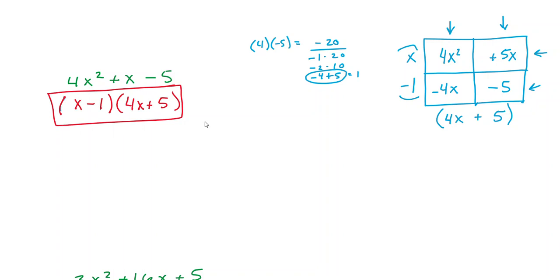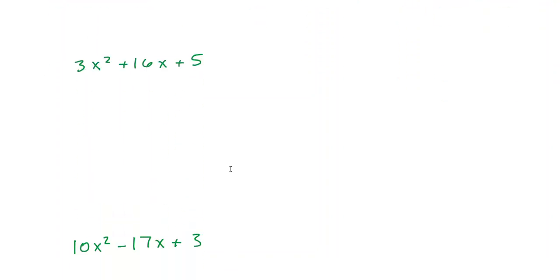All right, let's try it again. The first coefficient is 3. The constant term is 5. 3 times 5 is 15. The factors of positive 15 are 1 and 15, which if we add give us 16. So we hit it the first time.